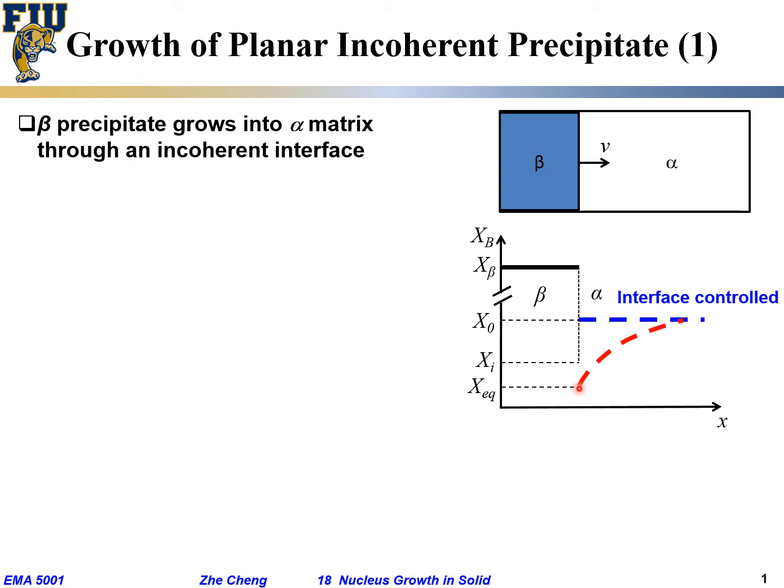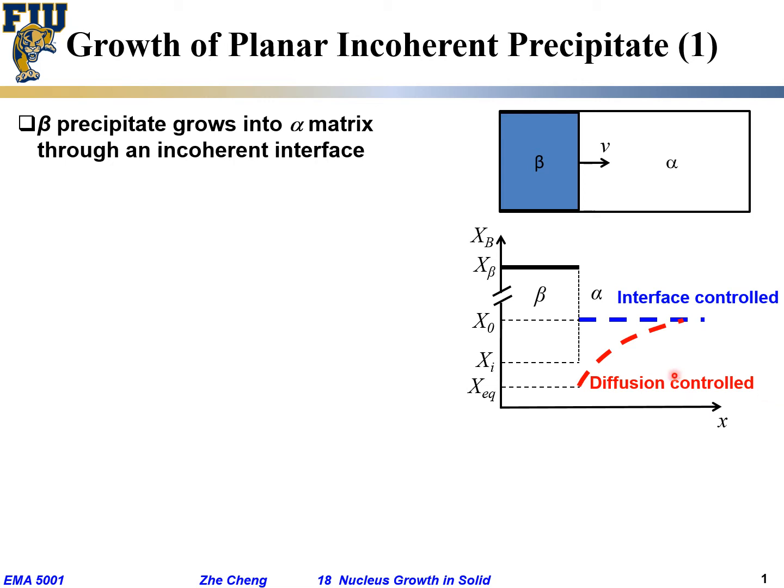Okay, so locally, right at the interface, within the alpha is xeq, the equilibrium concentration. But the concentration gradually changes to the initial or host matrix concentration. This will be the scenario called diffusion controlled.